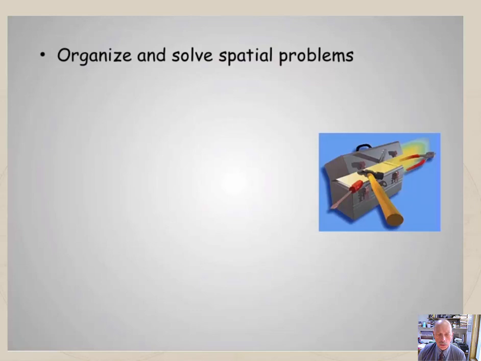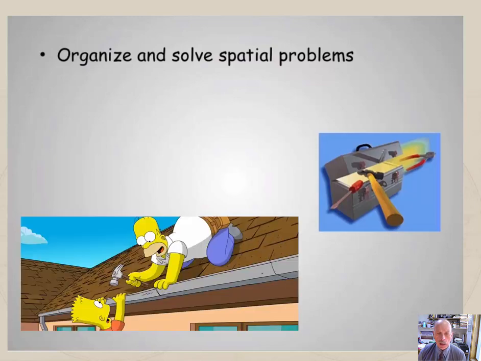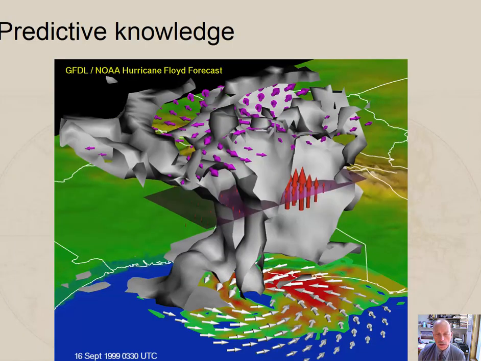Now, for the toolkit we're using, there are best practices, because there are different ways you can use this, some that are more productive than others, and some that aren't so good. So we're trying to help you learn to organize and solve spatial problems with this toolkit, in an introductory course that covers the concepts and the basic skills. If you were to continue in ArcGIS beyond our introductory class, we would get into more complex concepts.